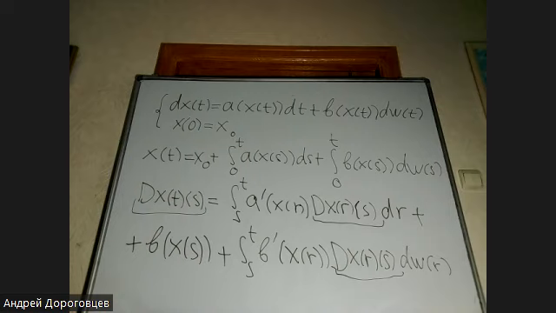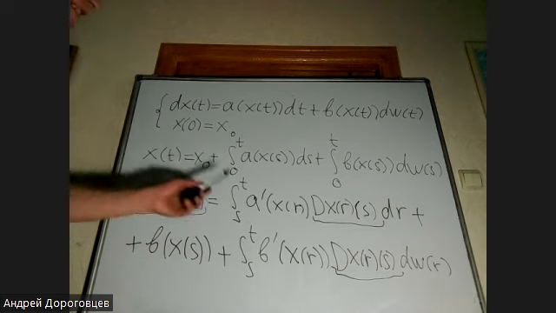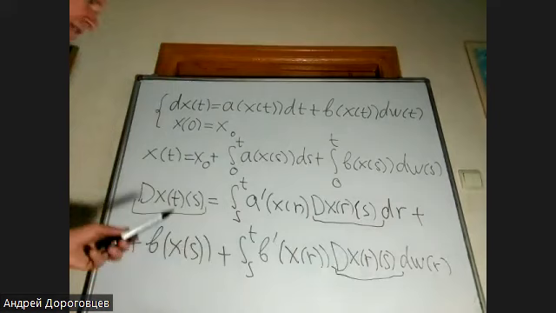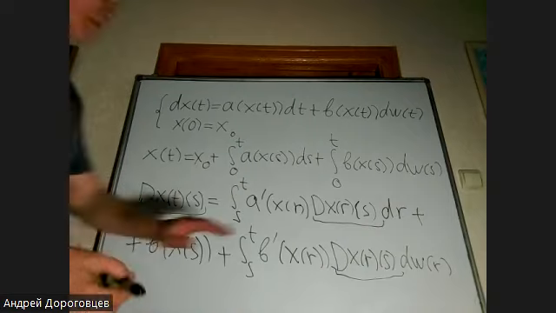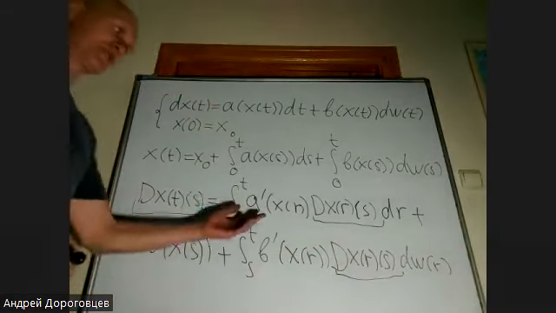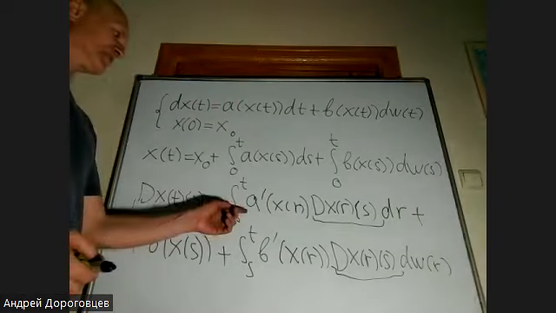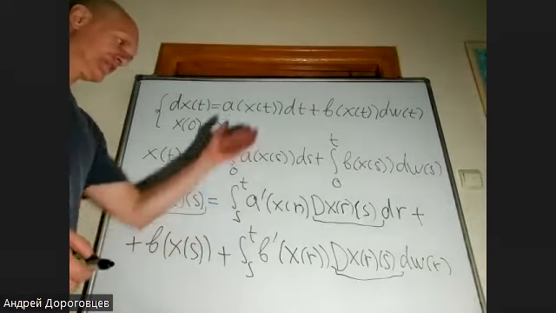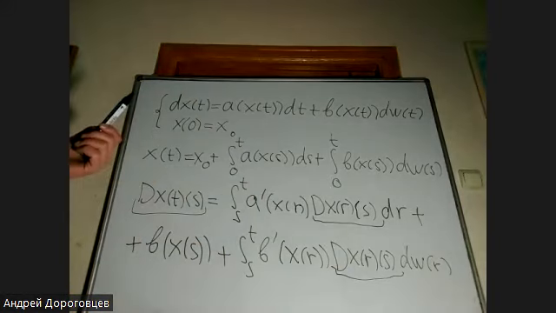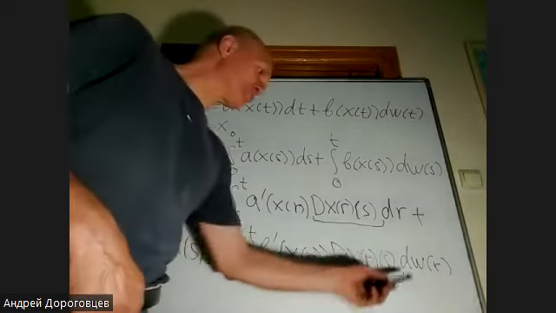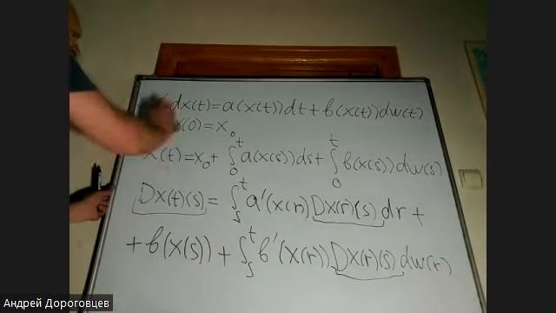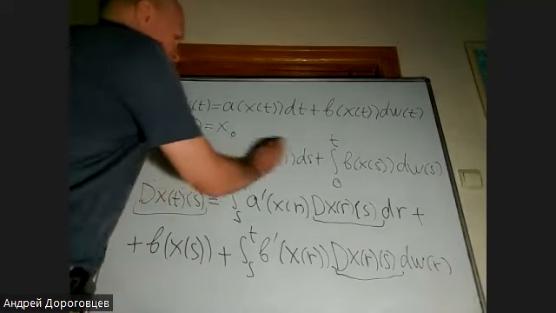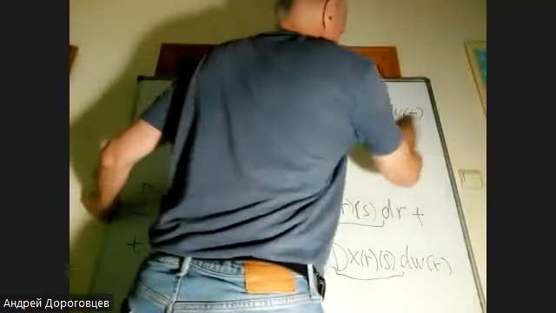We discussed the form of the solution of a linear stochastic differential equation. If we have no Ito term, this is the usual exponent of the integral. But if we have the Ito term, the stochastic exponent has a slightly modified kind, but still it is well defined and has very good properties. Let's write the solution.